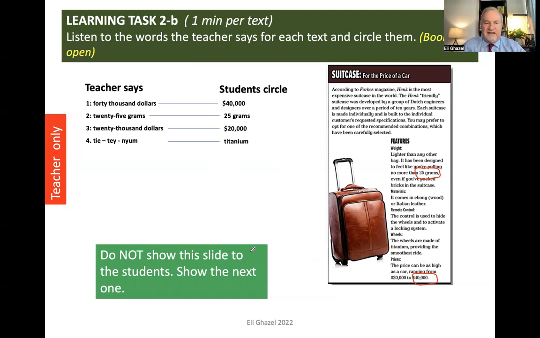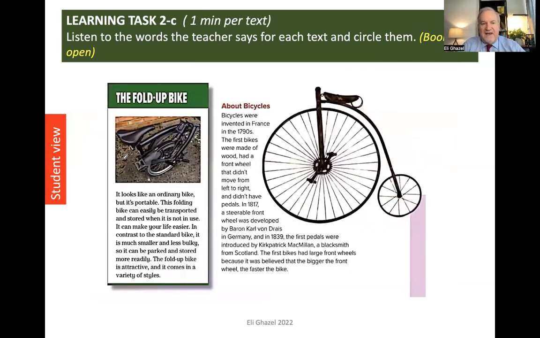This has to be completely silent. You say $25,000 and sorry, $20,000 and students circle $20,000. You say titanium and the students circle that as well. Now you can show it to them before you move to the next one.